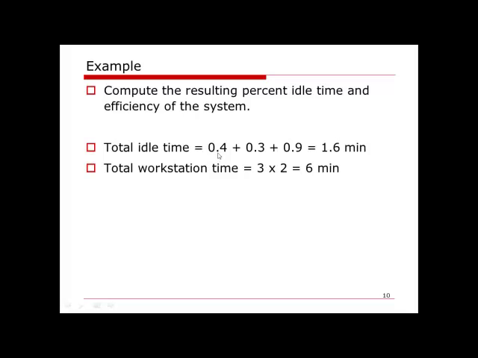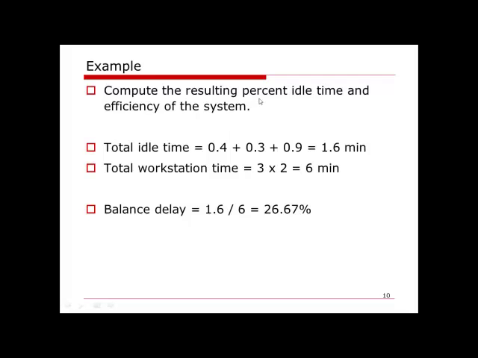Workstation 1 has an idle time of 0.4 minutes. Workstation 2 has an idle time of 0.3 minutes. And workstation 3 has an idle time of 0.9 minutes. We add them up and get an idle time of 1.6 minutes. Each workstation has 2 minutes, so the total workstation time equals 6 minutes.